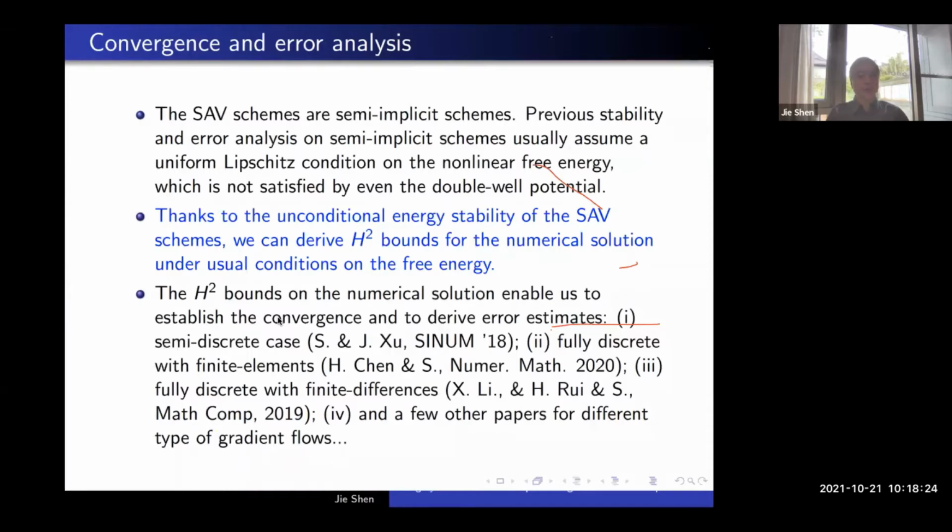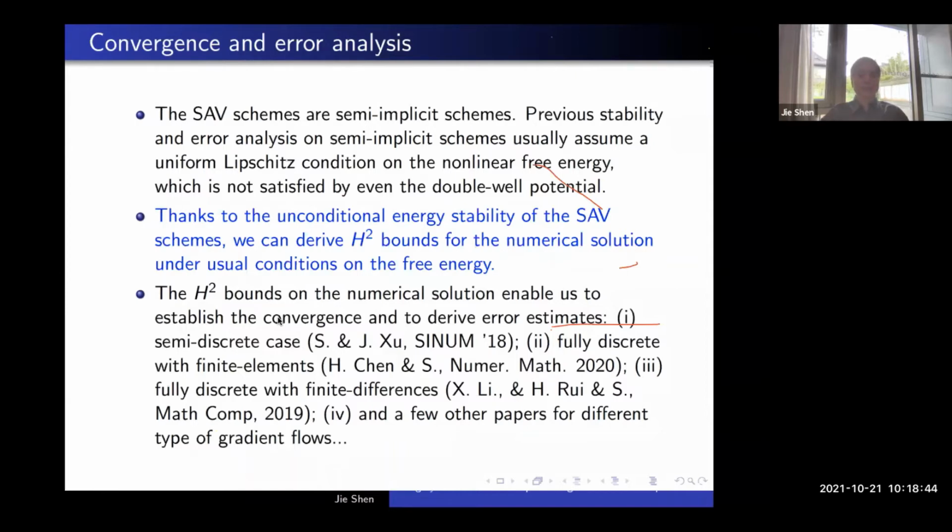So now there are complete convergence and error analysis available for a large class of nonlinear systems with different kinds of nonlinearities and different kinds of spatial discretizations.